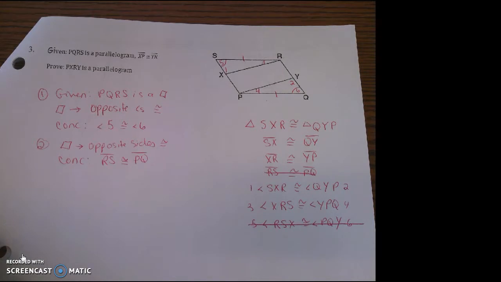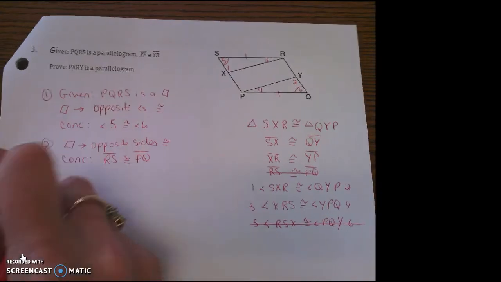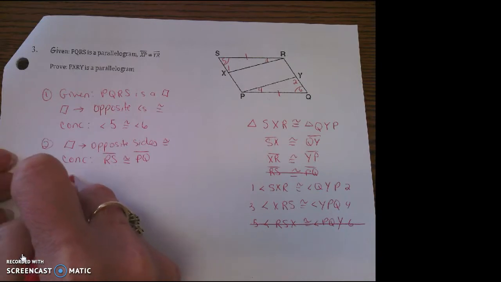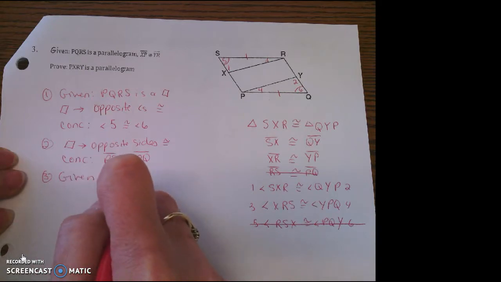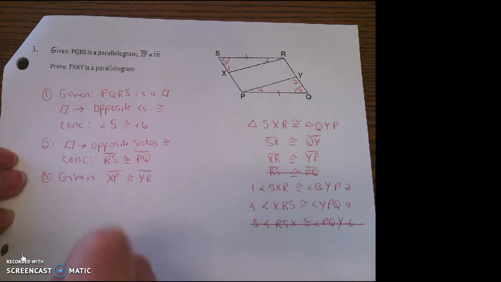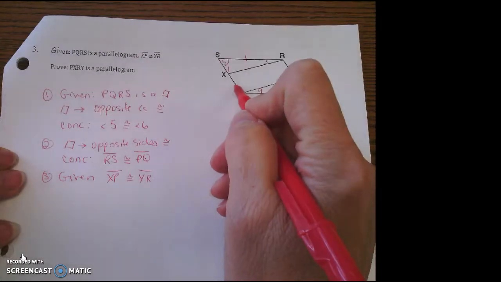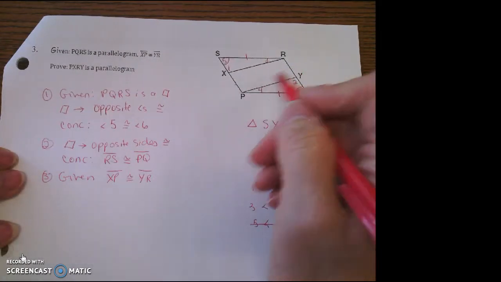There is also another given that we have. Our next given says that line segment XP is congruent to line segment YR.